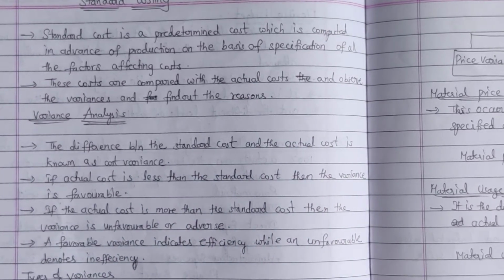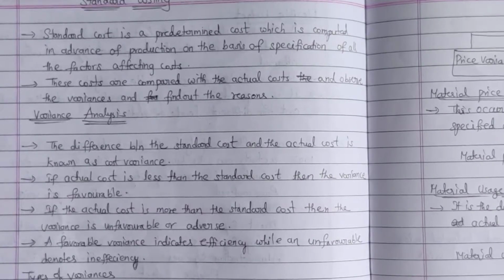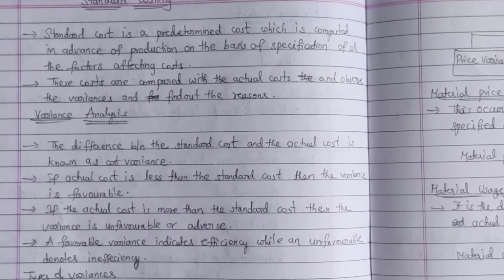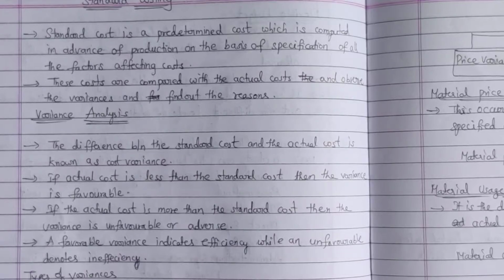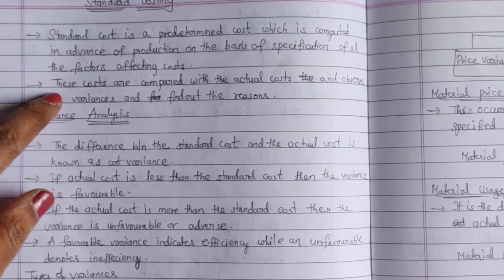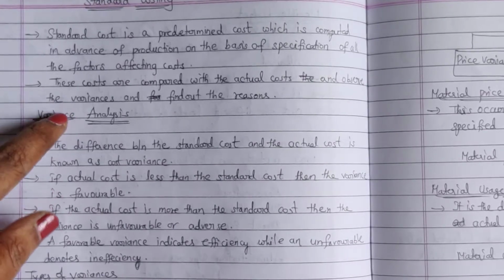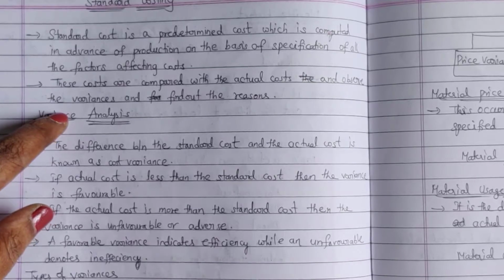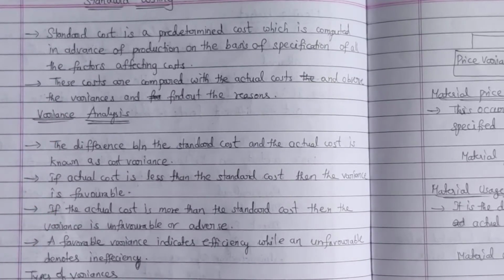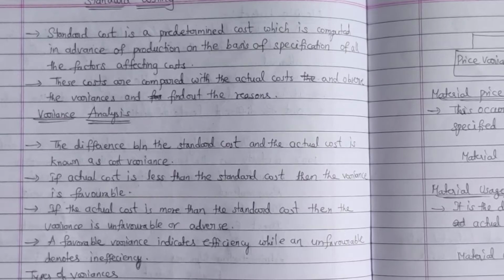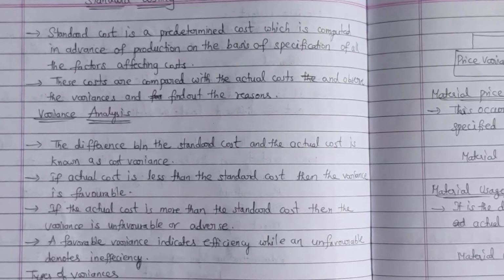So we have to put all these together and identify the predetermined cost of the product, and these costs are compared with the actual costs to observe the variances and find out the reasons.